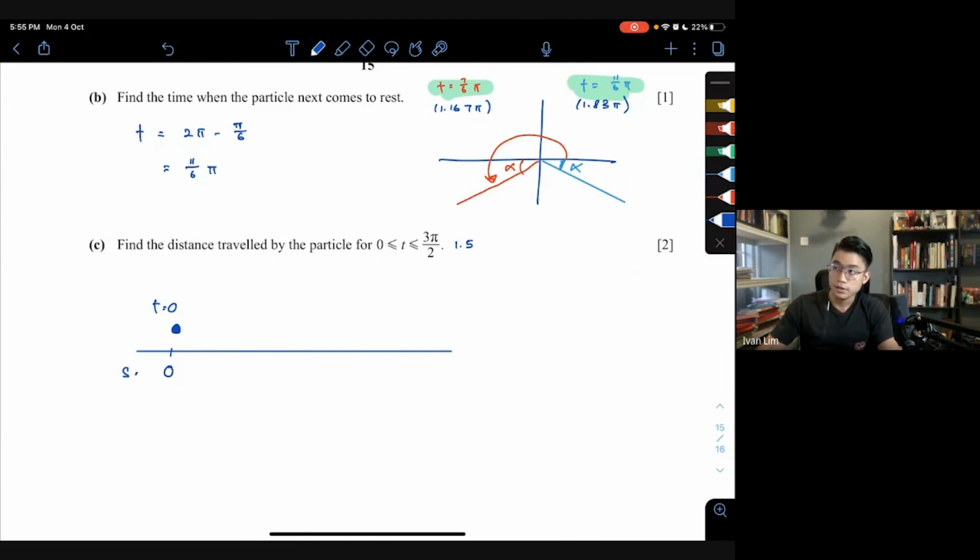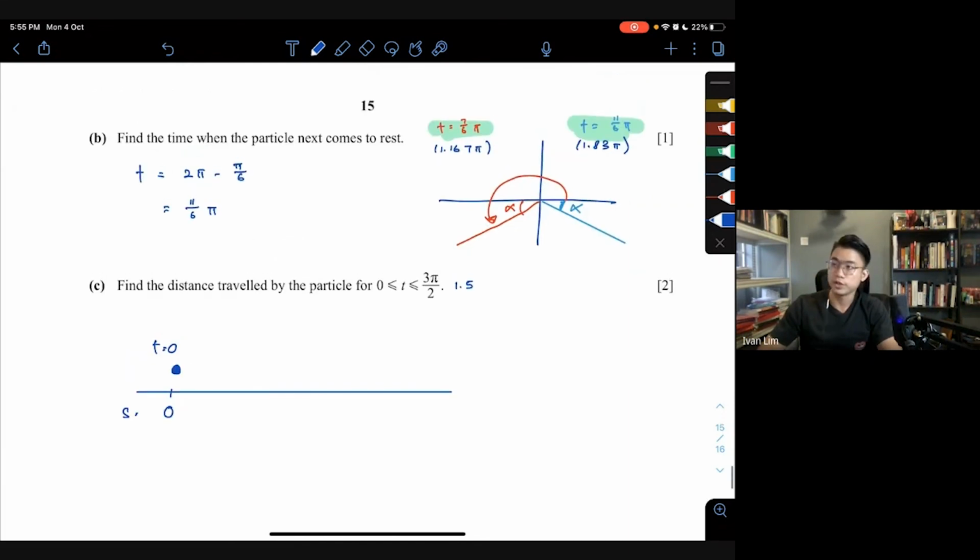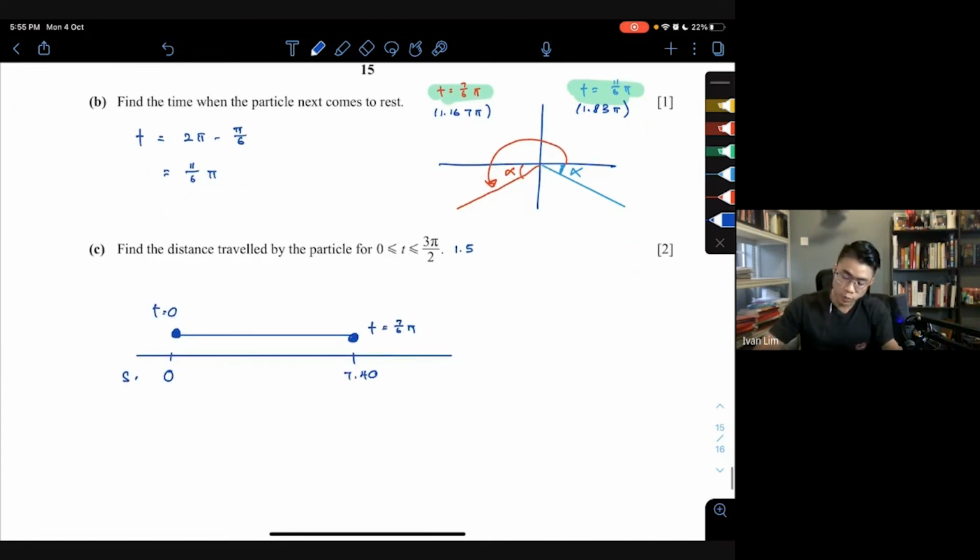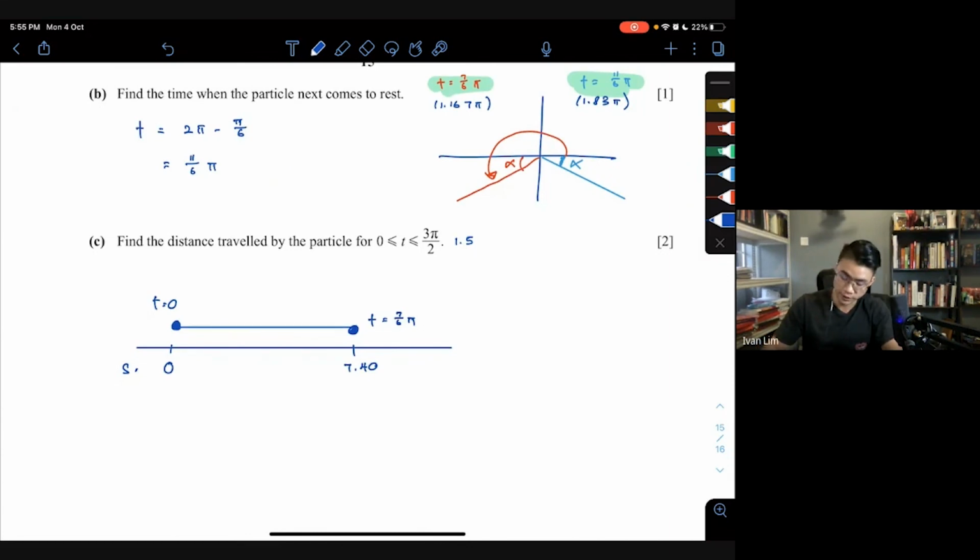And then at 7 over 6 pi, which we found in the previous question, question A, it is at 7.40. This is when t equals 7 over 6 pi, the first time that the particle stops. Then until 3 over 2 pi, we need to find the displacement at 3 over 2 pi.